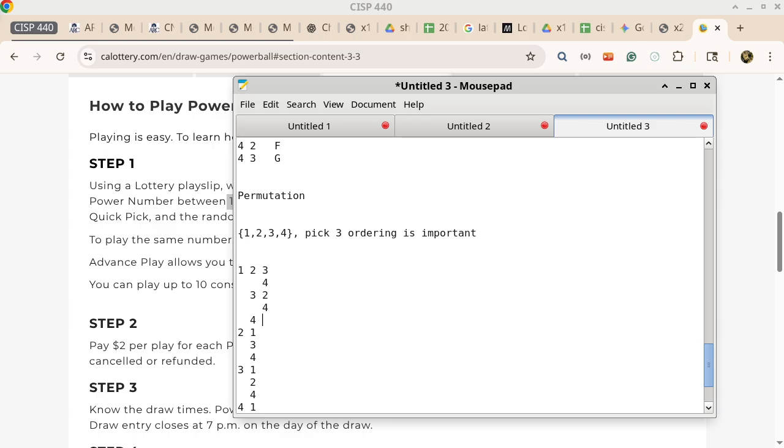If you pick one and four first, then the next one can only be two or three. If you pick two and one first, then the next one can be a three or four. And if you pick one, two, three first, then the next one can either be a one or four, and so on. Do you see a pattern? I hope you do. Okay.